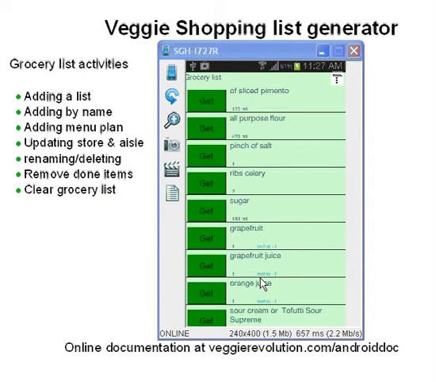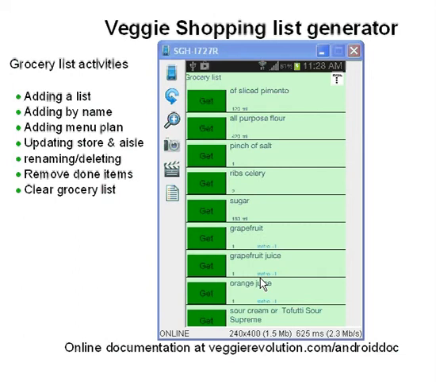Now, if an ingredient is in the regular list that you've added, and in the menu plan, whichever you do last will override the quantity. So if you do the menu plan, it will give you a quantity. If you do the regular list and it has a different quantity, that will override. It's not going to add to it.